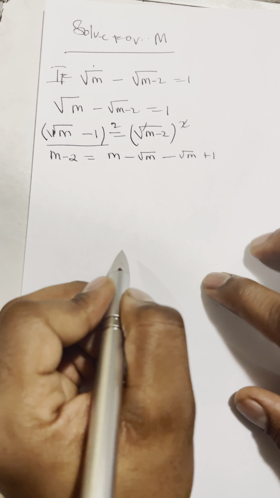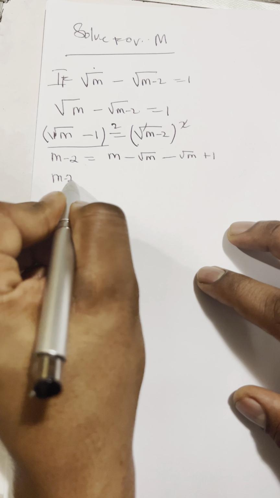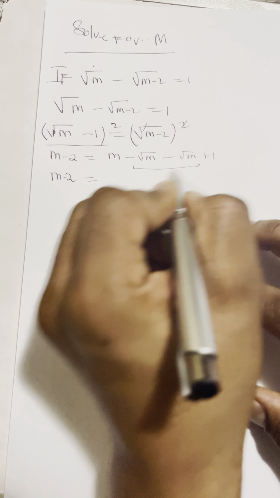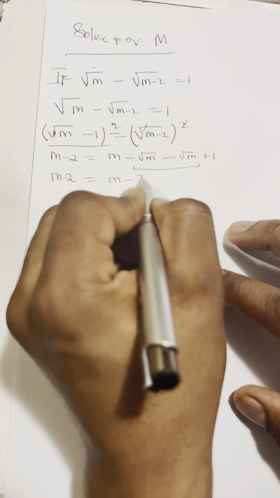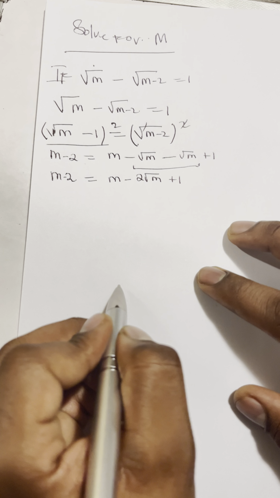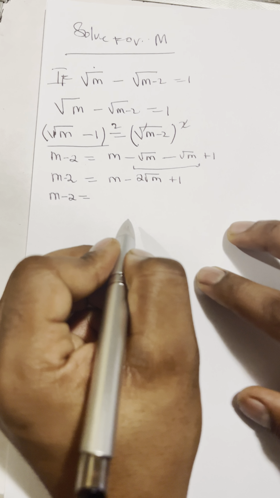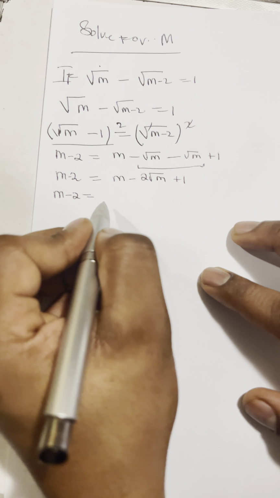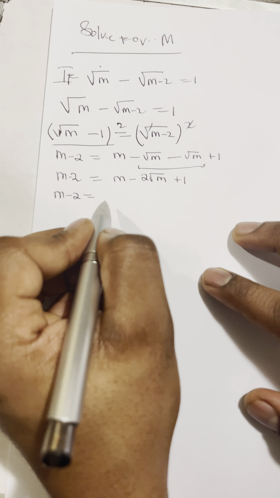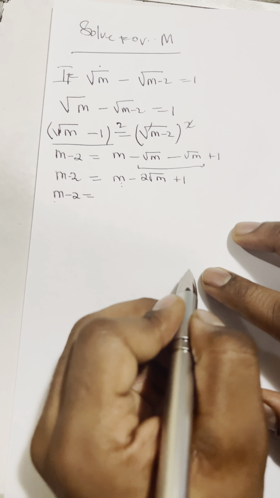All right, be careful when it comes to this. We say m minus 2 is equal to, these two give us m minus 2 square root of m plus 1. What do we say now in these instances? We have m, minus and plus.